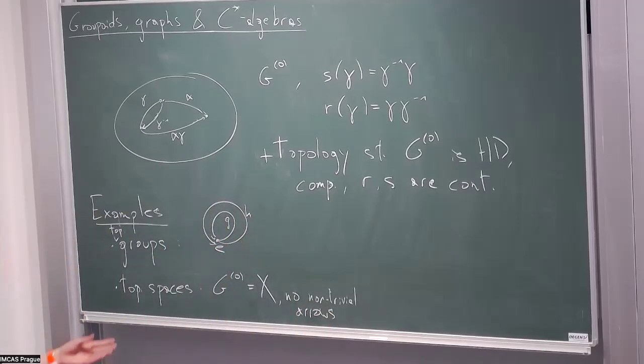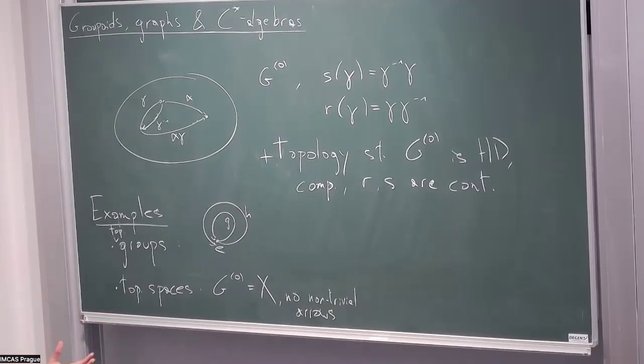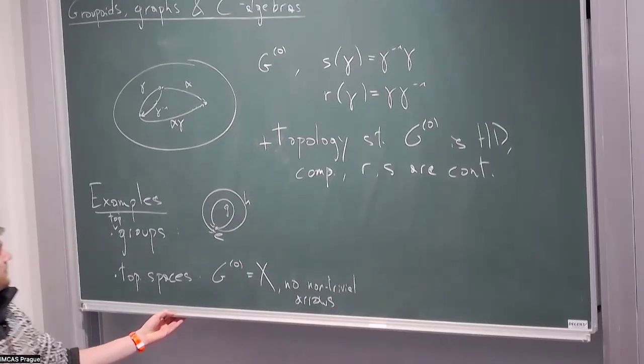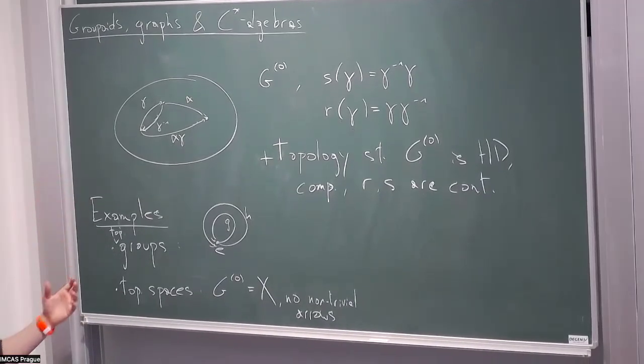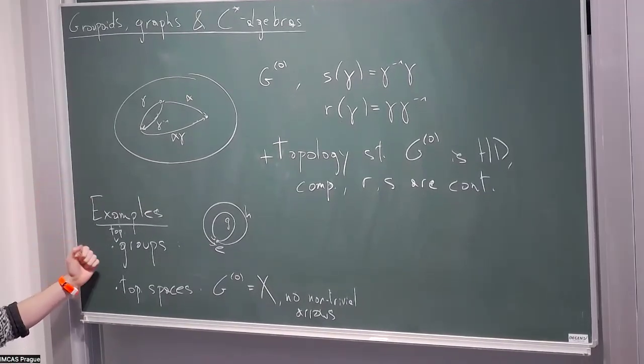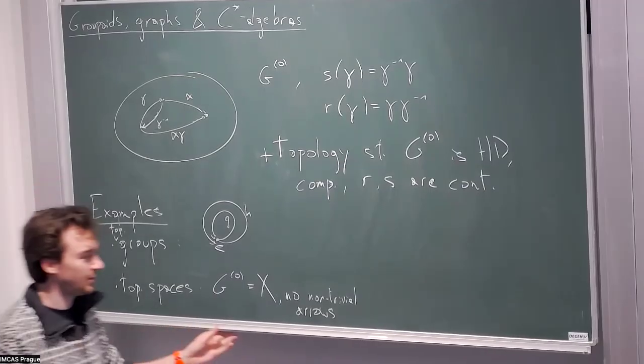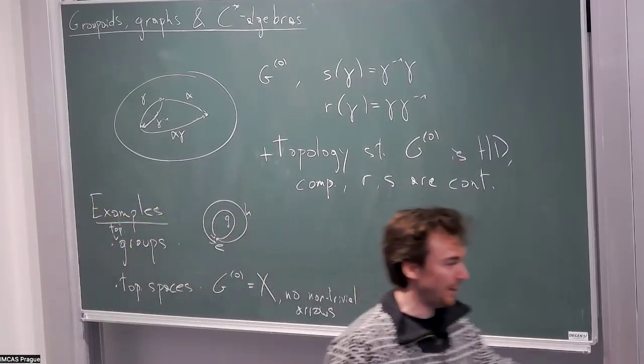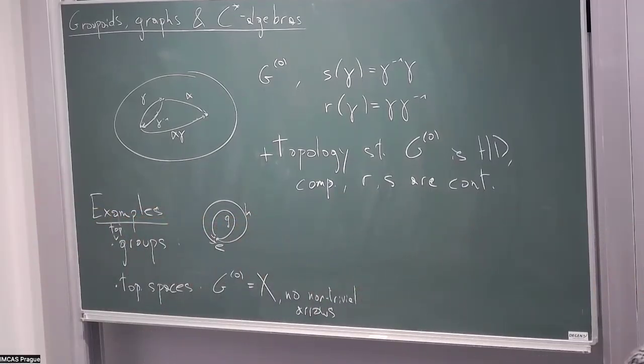All right. And so this is already quite nice because this structure of a topological groupoid can capture both groups and topological spaces, both of which are of interest to C-star algebras, for example, because both of them have been used in the past to construct C-star algebras out of them.